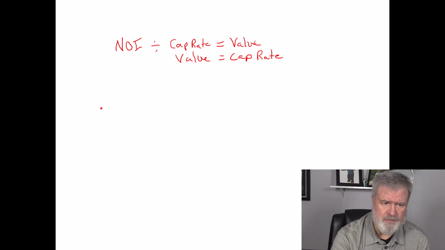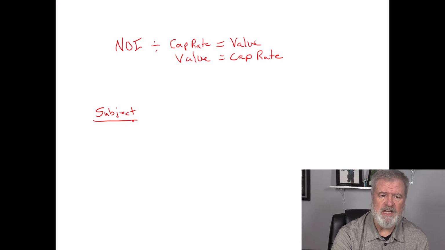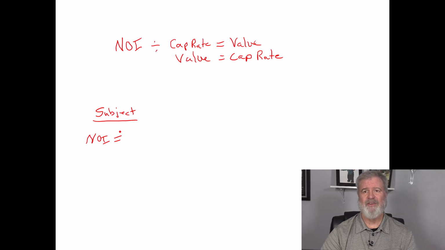Well, let's say here's my subject property I'm trying to figure out the value for. And what's the first thing I need to know about that property? Income. I need to know the net operating income of that property. Well, how will I know that? Ask the owner, right? Now I say ask the owner, but an appraiser's not just going to take their word for it.